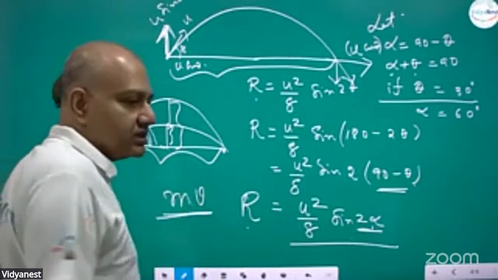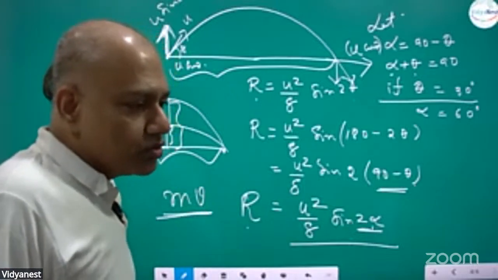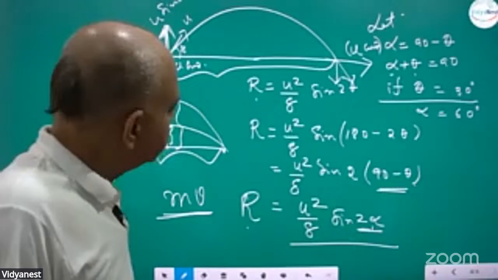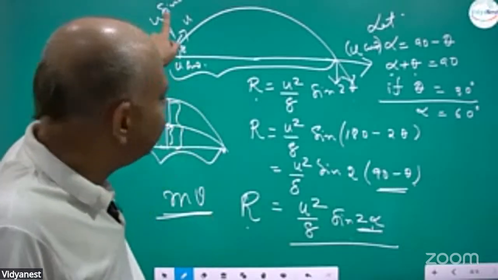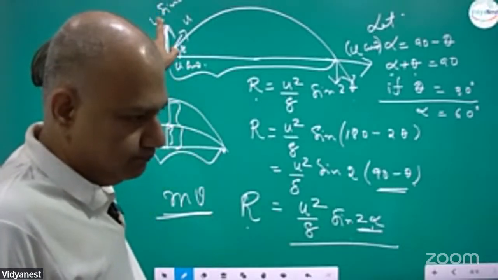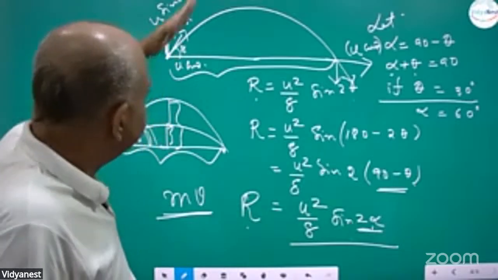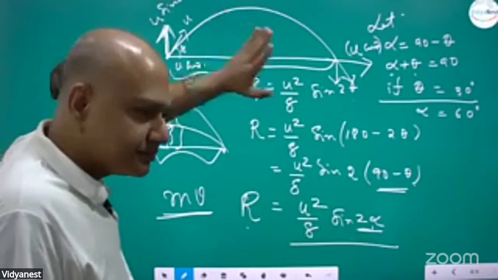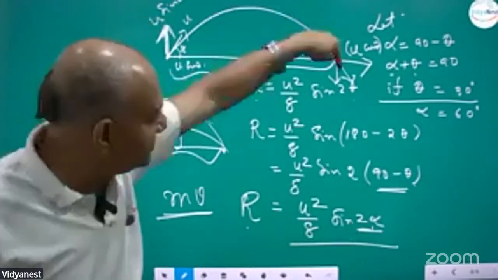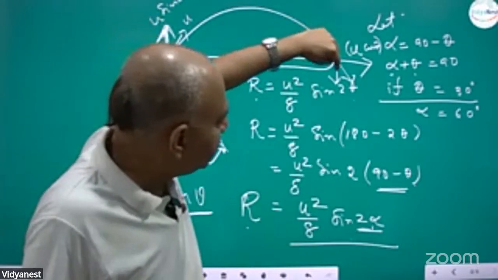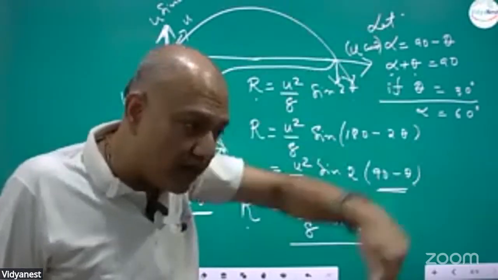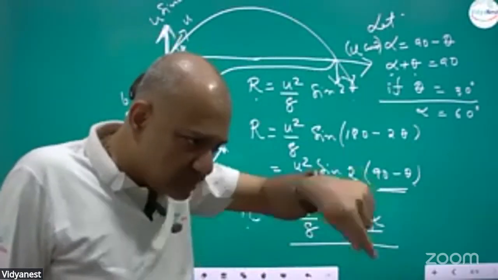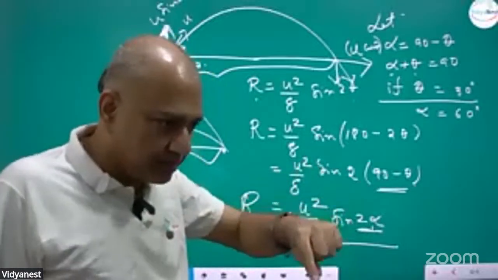Mass into velocity. This is the change. So Saurabh, whenever the particle is projected up in an inclined way, the vertical component is u sine theta. When it is striking the ground, the vertical component is also u sine theta, but downward, just reversed.